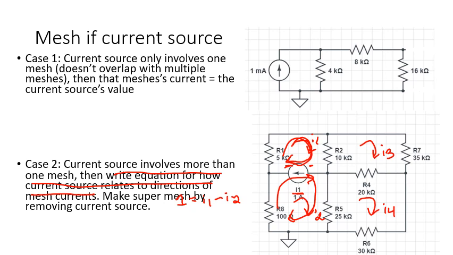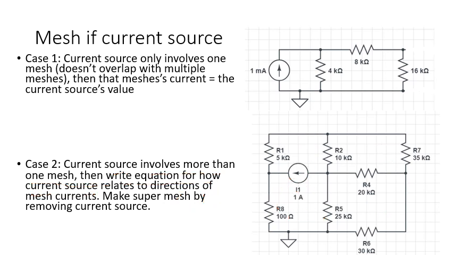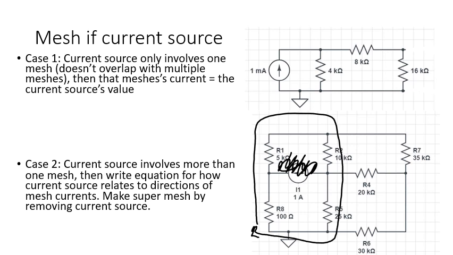And then I actually remove that current source. I'm going to draw it like I remove that current source so it's not there, and I make a super mesh going all the way around my loop. So what does that get me from my super mesh equation? This is called a super mesh. When I remove that current source, it removes anything in series with it.